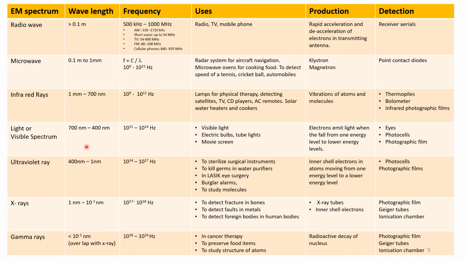Just write in the center 700 nanometer to 400 nanometer, and the remaining values are all 1. The units go meter, millimeter and nanometer; from infrared onwards it is all nanometers. Here 700, 700, 1, 1 and 0.1, and here 400, 400, 1, 1 nanometer, 10 to the power of minus 3 nanometers.